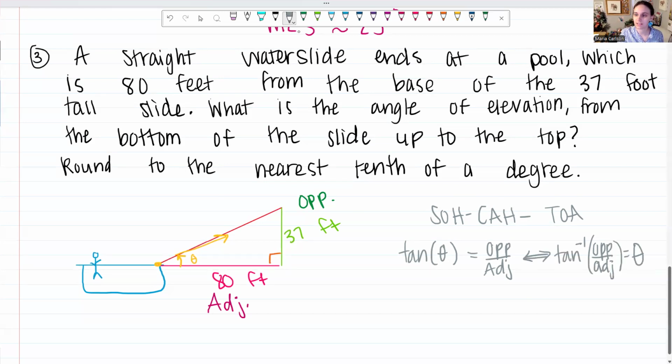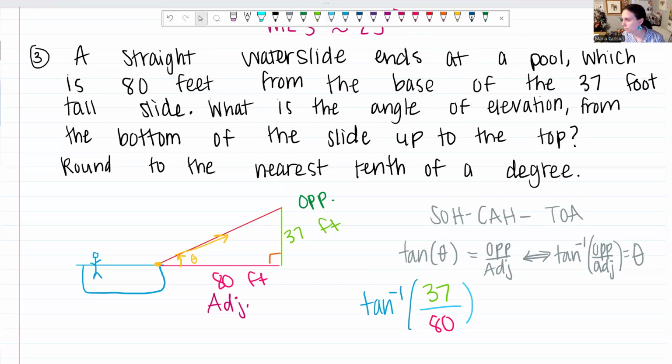That will give us theta, or the measurement of our angle. So, inverse tangent, sorry, we're finding the angle. The inverse tangent of the opposite side, which is 37 feet, over the adjacent side, which is 80 feet. That will tell us the measurement of our angle.